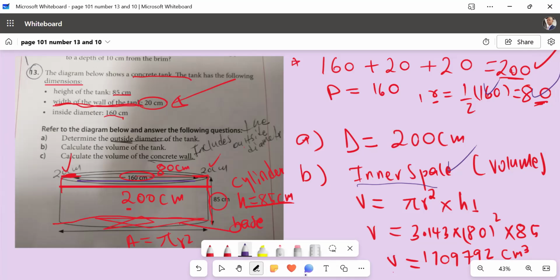Having done that, we have to correctly substitute our r and the perpendicular height, and make sure that you are able to do the correct multiplication and correct unit. I can give you plus or minus 7 marks in this problem.